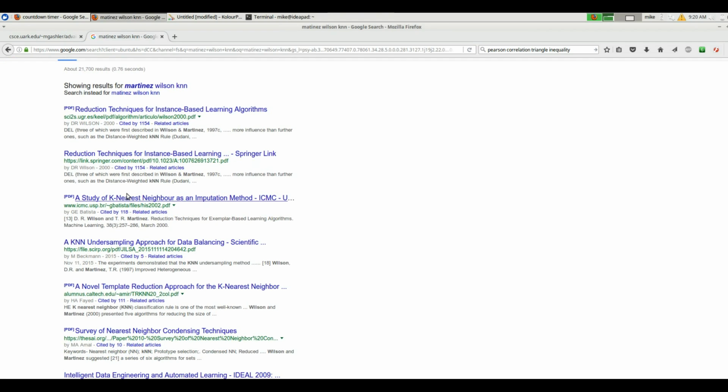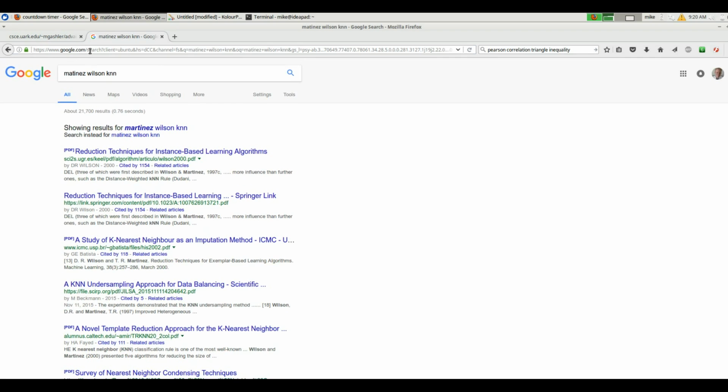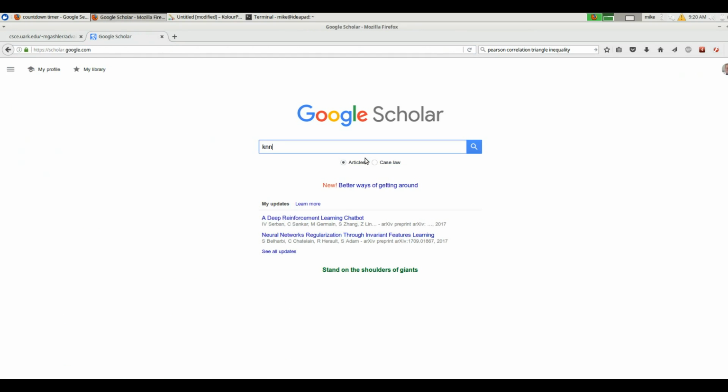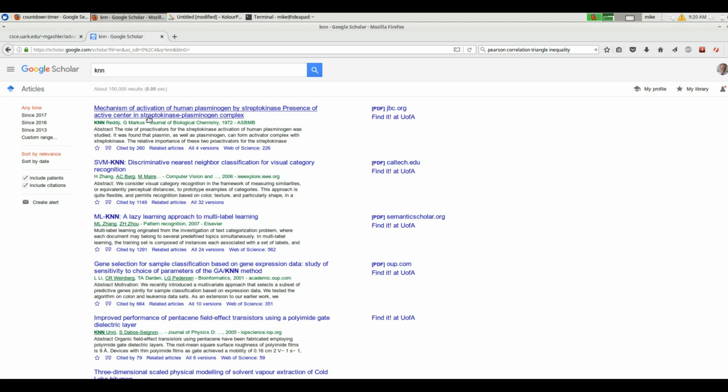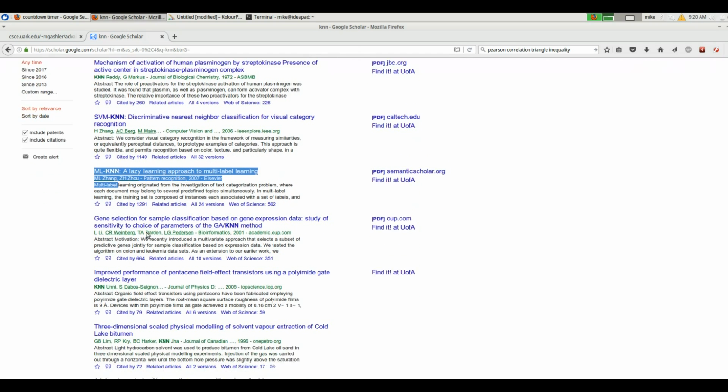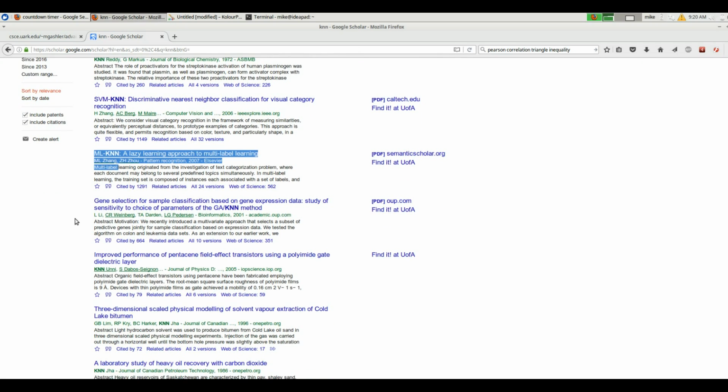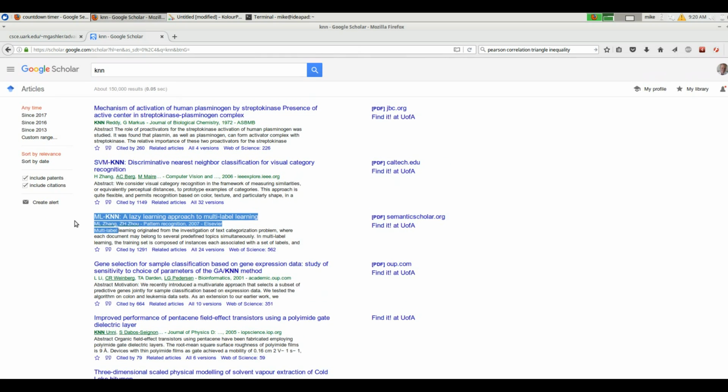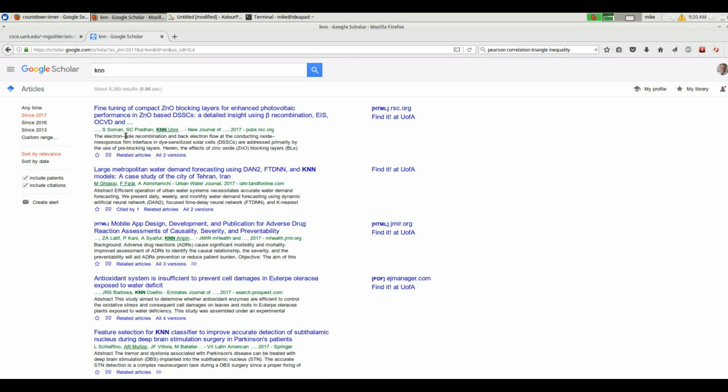So there are studies on k-nearest neighbors as imputation metrics. Let's see what's going on with KNN lately. They used it in some health study, support vector machines mixed with KNN. Machine learning KNN, a lazy learning approach to multi-label learning. Yeah, since 2017.